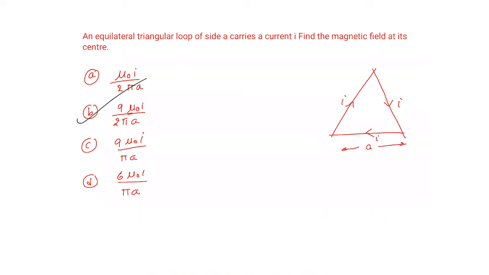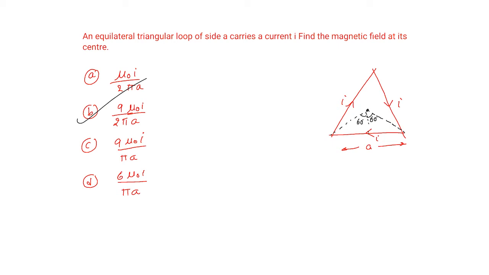Because here each side is a finite wire. You first find the magnetic field due to one finite wire. Since it is an equilateral triangle, all three sides will produce magnetic field in the same sense and same amount.